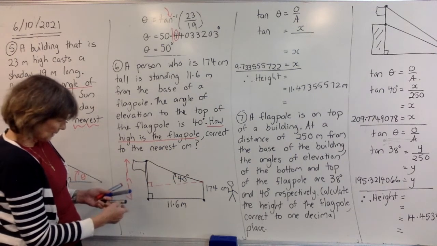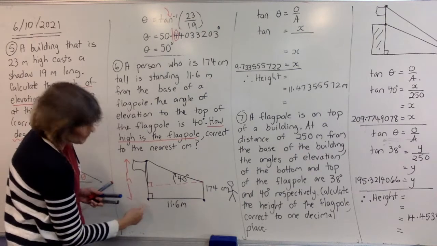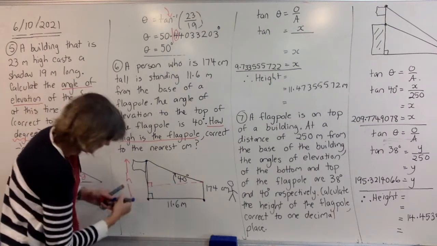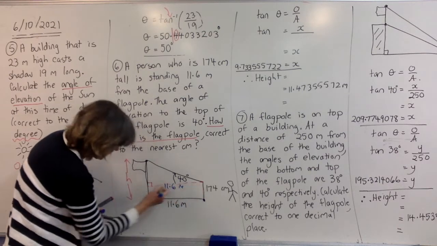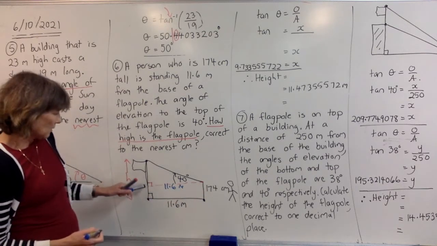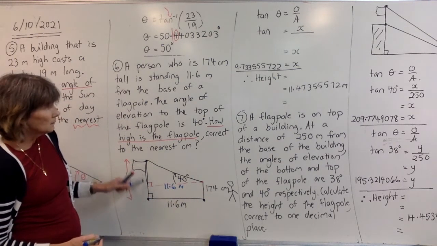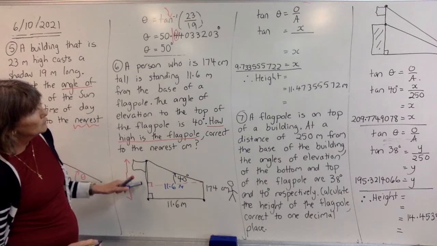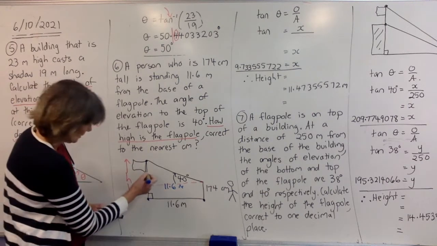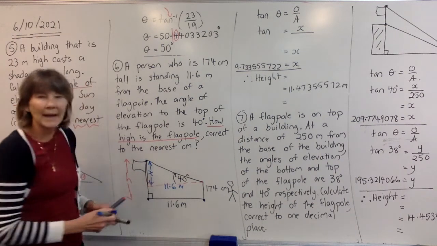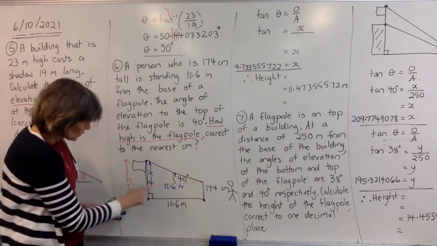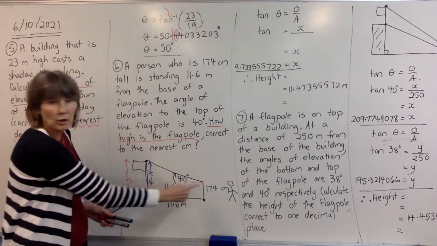So if you think about it, that 11.6, we can move it up to here. So I'm just going to move it up here. It's the same distance. And then this bit here, I'm going to call, what did I call it a minute ago? X. All right, so from here to here, I'm calling X.